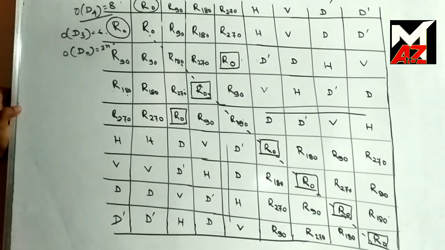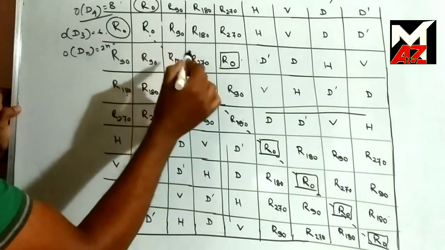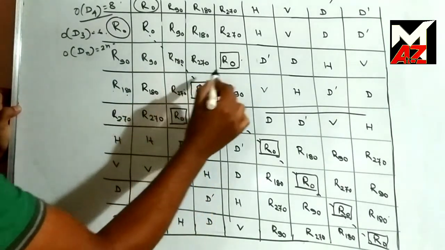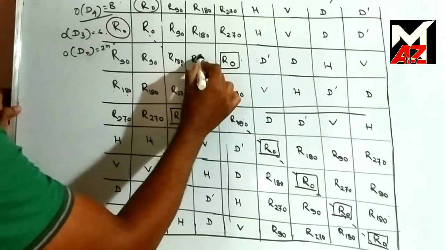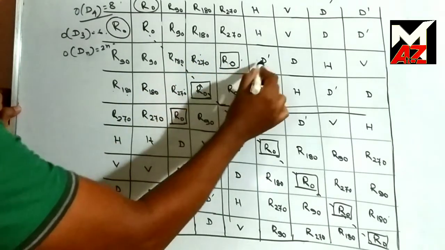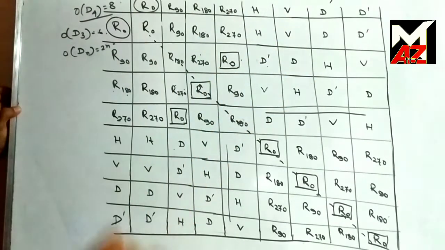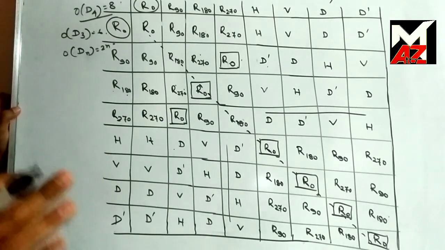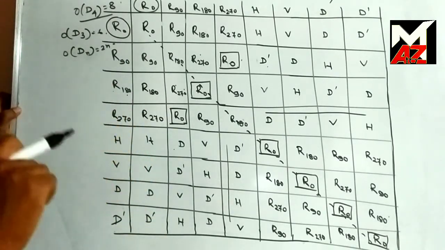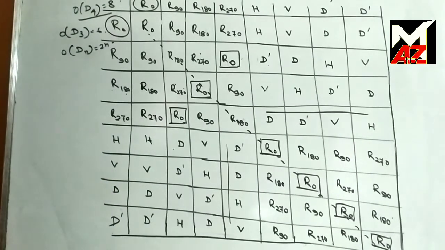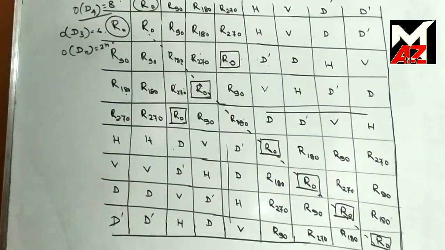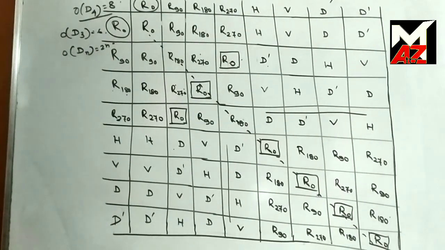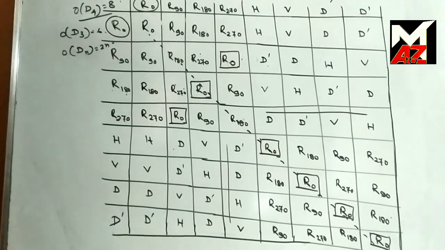Similarly, R270, R270 gives R0, but here D dash, and here D. So the table is not symmetric about the principal diagonal, and so this is a non-abelian group. So it is clear that the dihedral group is a non-abelian group and it contains 2n elements if the regular polygon has n sides.